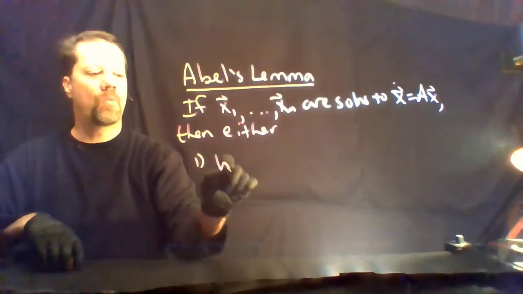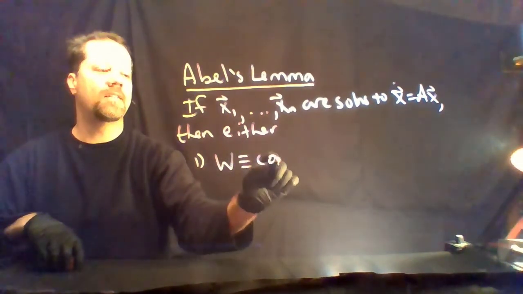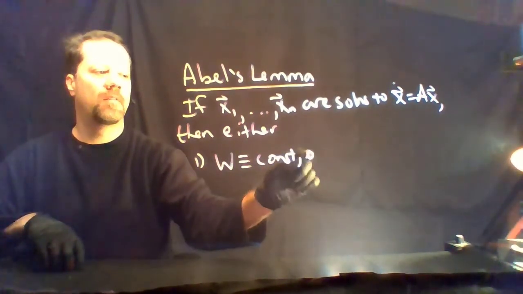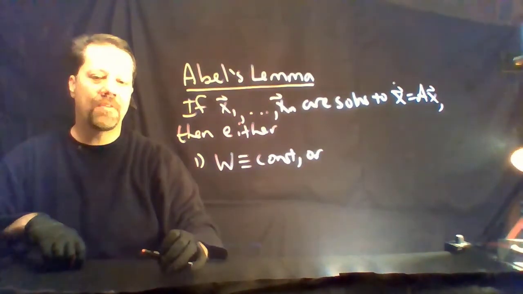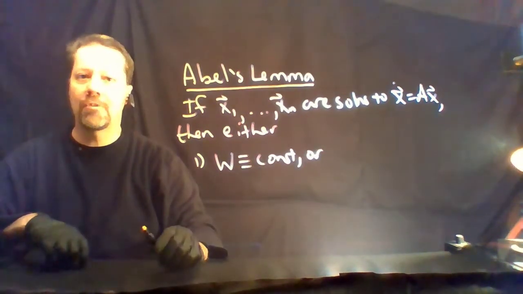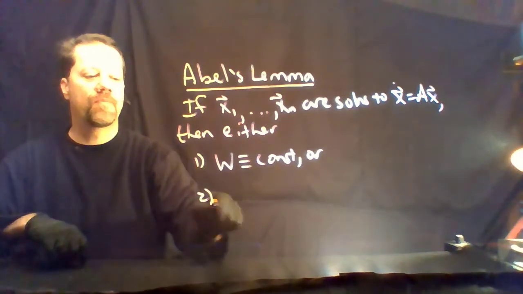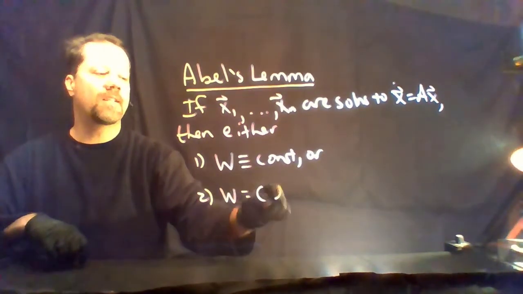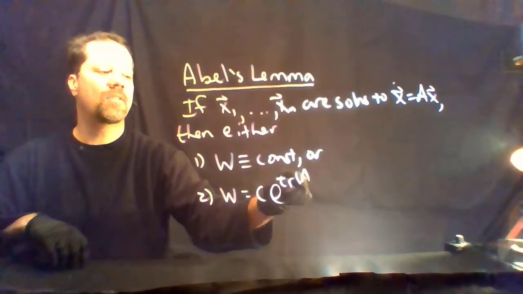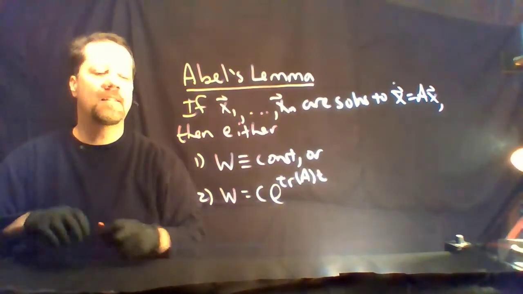Then either the Wronskian is identically zero, which means that if the Wronskian is 0 at one location, it will be 0 at all locations, or the Wronskian is a constant times e to the trace of the matrix A times a scalar t.